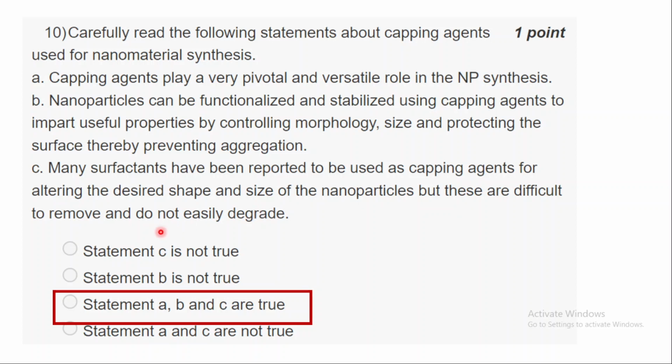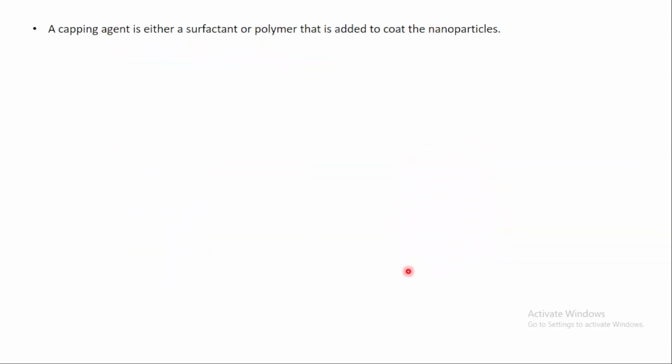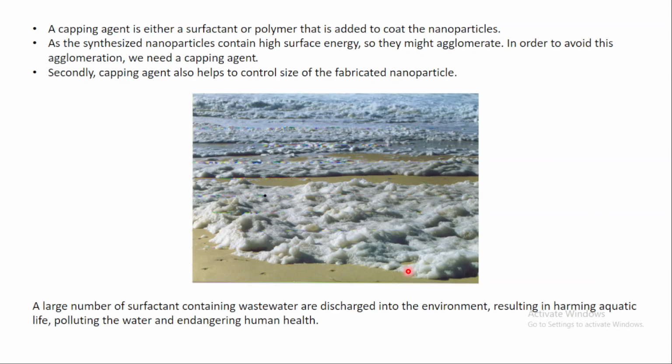Is it clear to the students? Are you guys with me? You can just type yes or no. This is the last question and the last explanation that we have come across. Cool.